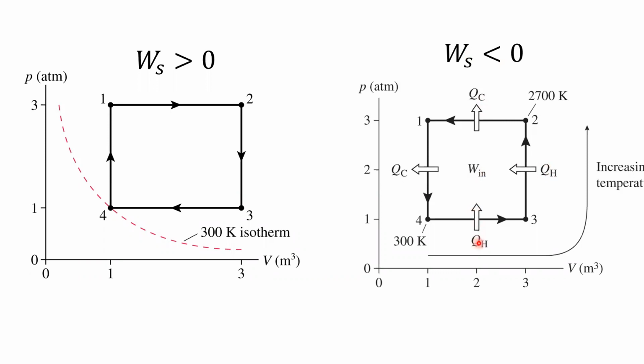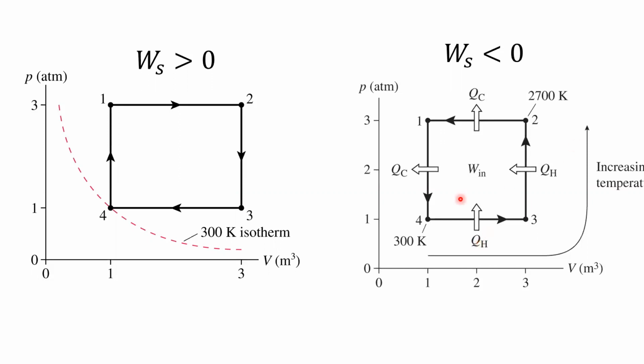Those are Q sub H. I don't want to make a general statement that heat entering is always QH. That's not necessarily true because a refrigerator actually does take up heat from a cold reservoir. But in this particular problem, the heat flowing in was the heat from the hot reservoir.